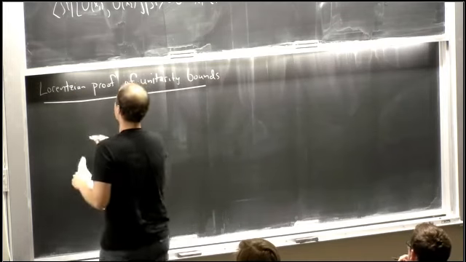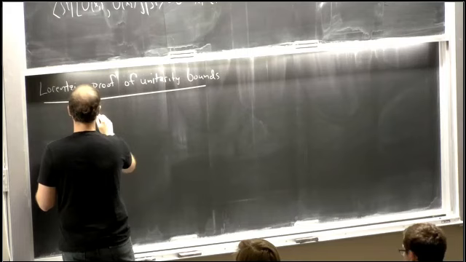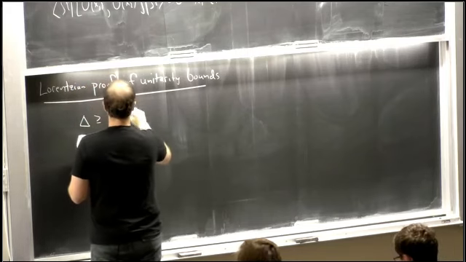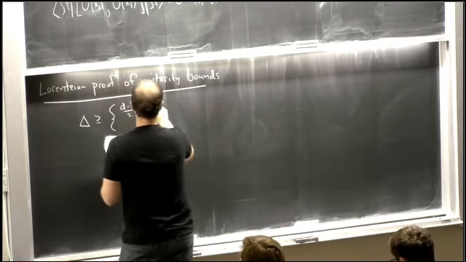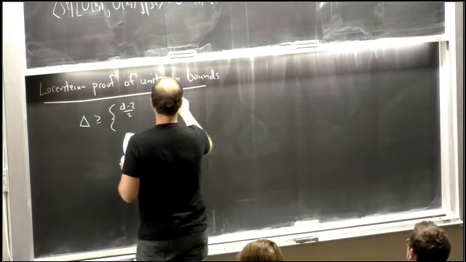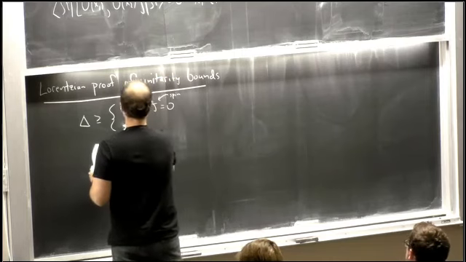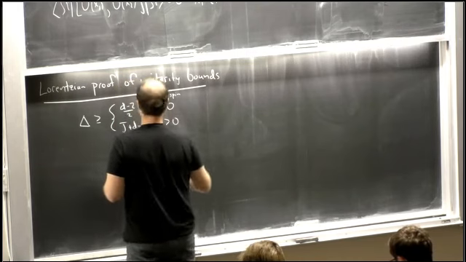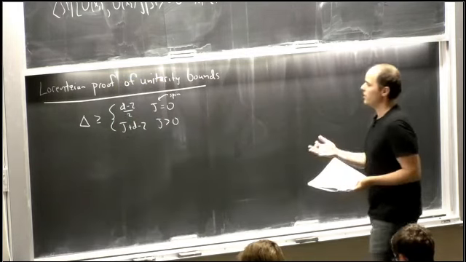So the unitarity bounds for a traceless symmetric tensor operator in a CFT say that the dimension is bigger than d minus 2 over 2 if j is equal to 0. So here j is the spin. And j plus d minus 2 if j is bigger than 0. Okay, those are the unitarity bounds.